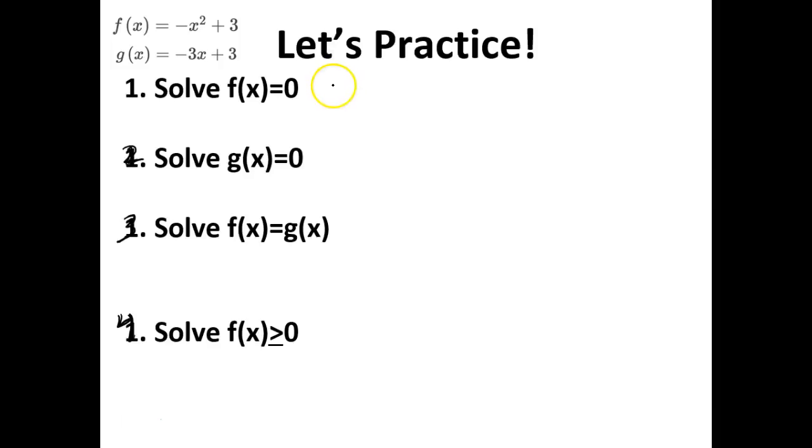Well, that's where negative x squared plus 3 is equal to 0. That's where negative x squared is equal to negative 3, or x squared is equal to 3, or x is equal to plus or minus the square root of 3. Those would be the two solutions, either positive square root of 3 or negative square root of 3. That's where f of x is equal to 0.